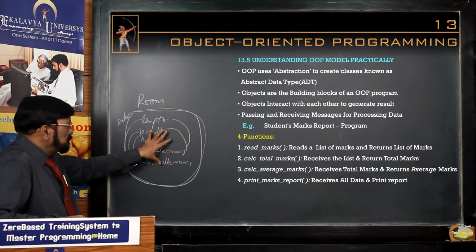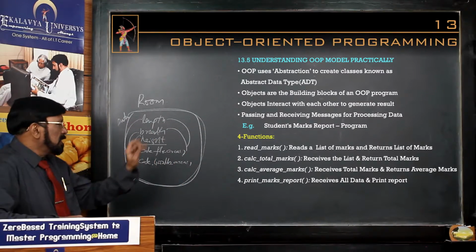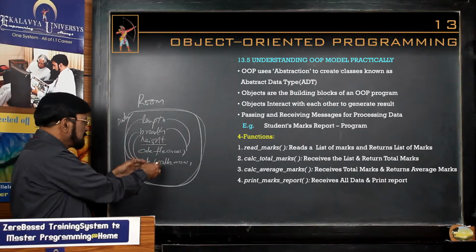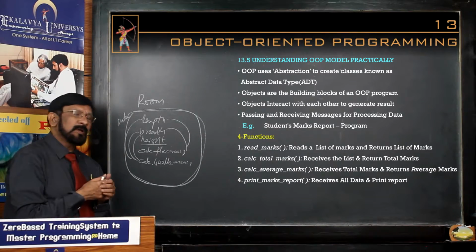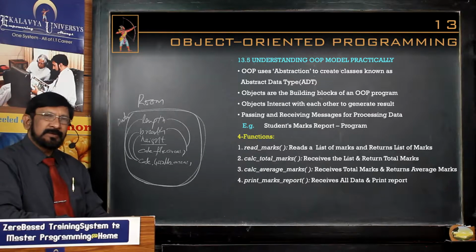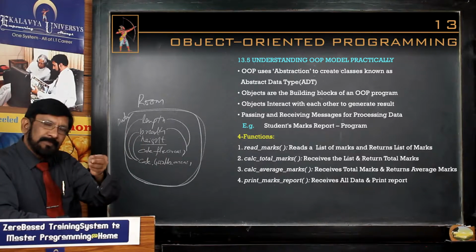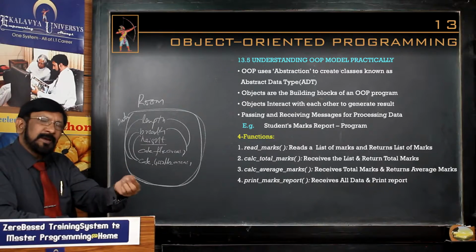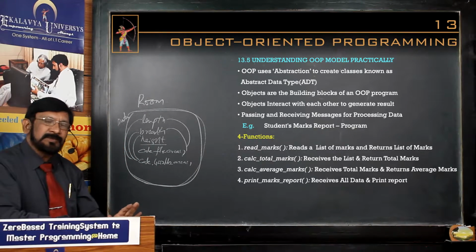So now you compare this programming entity with the real world entity, a person. Both work similarly. These things interact with each other in order to get a result. So this is the model. One function can interact with another function in two ways: by passing the data items, which we call arguments, and by returning values. They interact with each other, and ultimately the task of the program is performed.